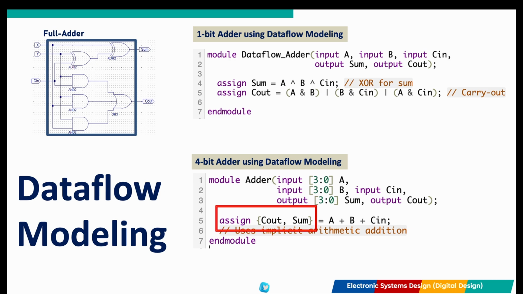We simply say Cout and sum equals A plus B plus Cin. Behind the scenes, the Intel Quartus synthesis tool sees this plus sign and automatically implements a 4-bit ripple carry adder using the optimized logic resources inside your FPGA. You get the same hardware results with much cleaner and more readable code.